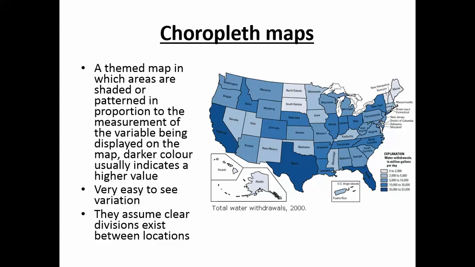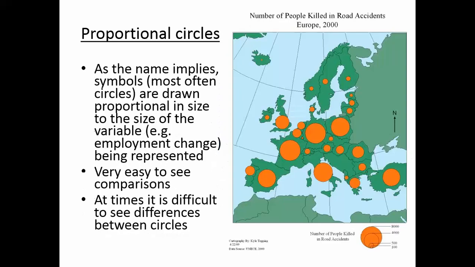The least is running down the middle. You're not going to be asked to explain that, so be wary of that. Don't start saying because most of the people live here, because that's true, but it's not answering the question. These are proportional circles. Again, these are infrequent, but they're a good way of showing large-scale patterns. The problem with them is that if you end up with too many circles, it's difficult to tell the difference between sizes.